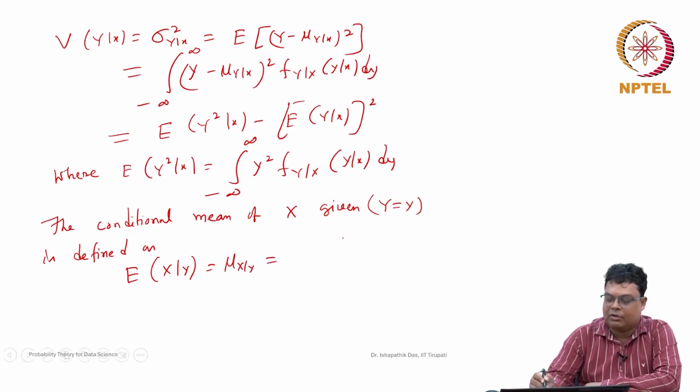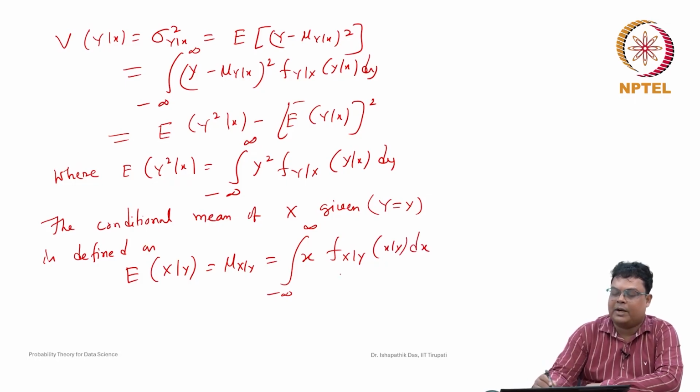Because it is continuous, we cannot use the sum, we have to use integration. The summation will be replaced by integration. This is x multiplied by the conditional probability density function of x given y, dx.